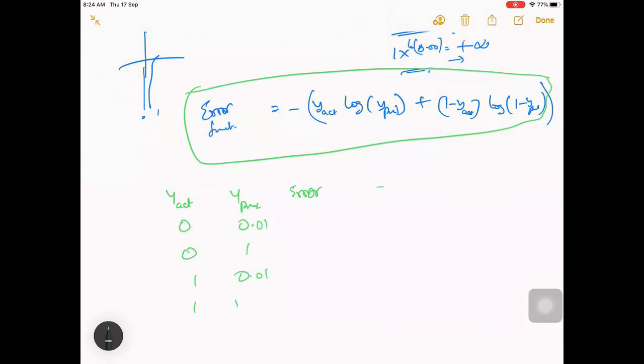Minus of y actual is 0 into log of 0.01, plus, keeping the minus outside, 1 minus 0 will be 1 into log of 1 minus y prediction, so log of 1 minus 0.01, which is 0.99. So 0.99 is nearer to 0 but not 0, so you'll get something like 0.01 finally.